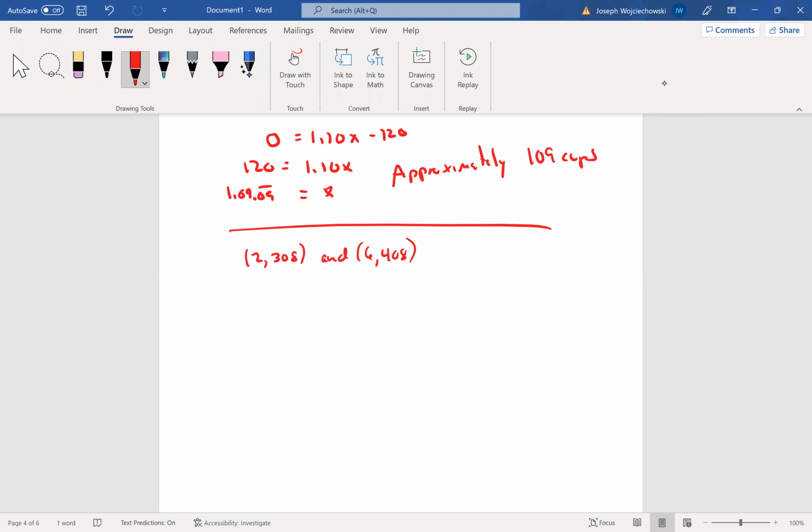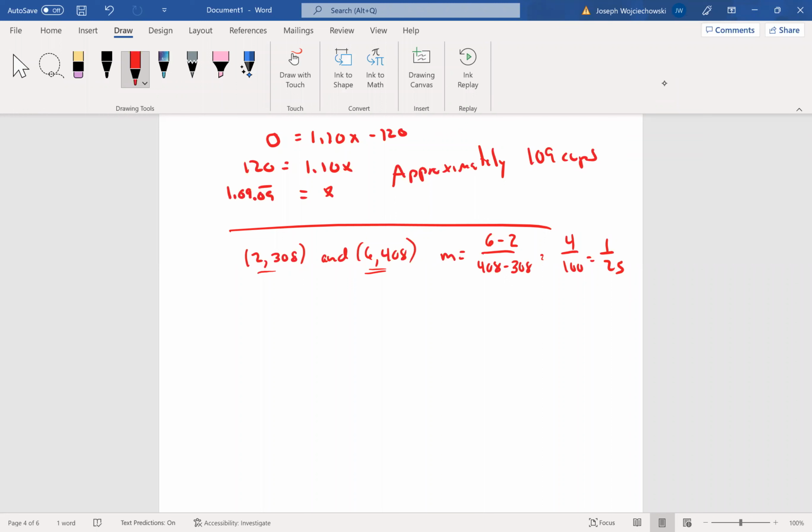I'm going to write a linear equation relating X to Y. So we need a slope. And we'll call these point 2 and point 1. So I have y2, 6 minus y1, 2 over x2, 408 minus x1, 308. I have 4 over 100 or 1 over 25. I have my slope now.